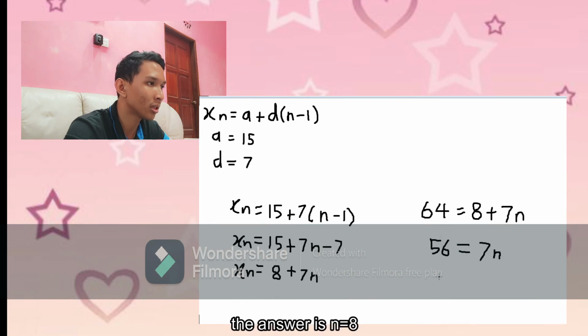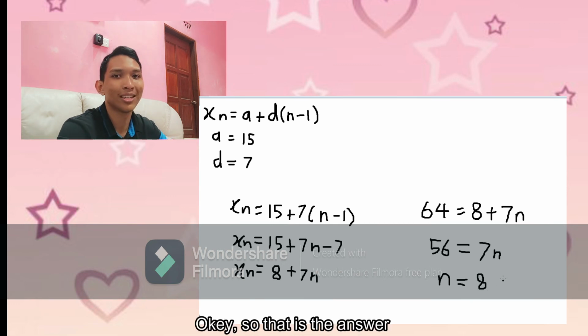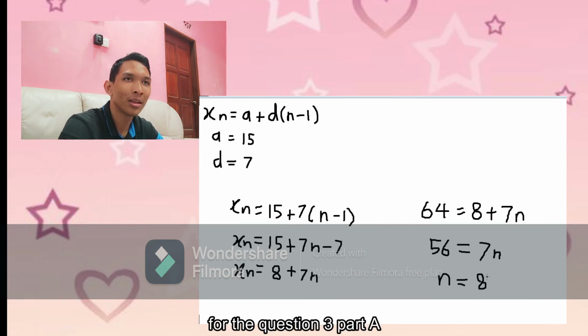The answer is n equal to 8. Okay, so that's the answer for the question 3 part A.